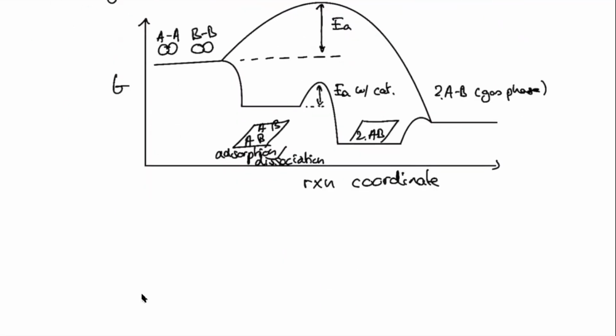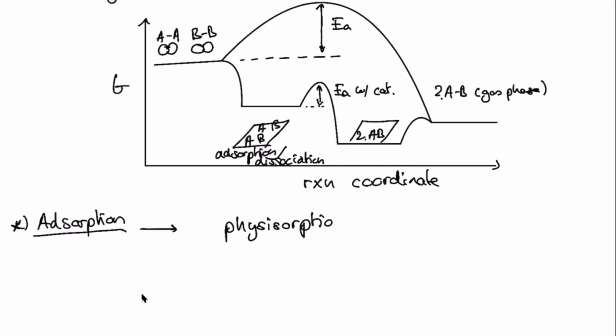Okay, so let's look closer at adsorption, which is typically the first step when you do heterogeneous catalysis. And this we can divide into 2 effects: physisorption and chemisorption.